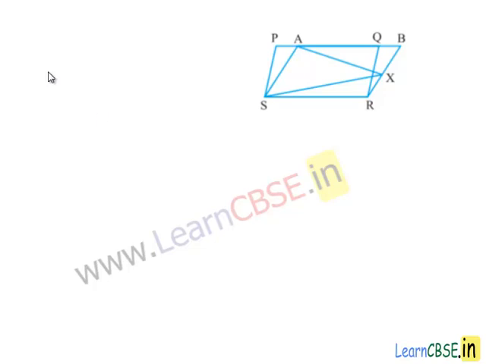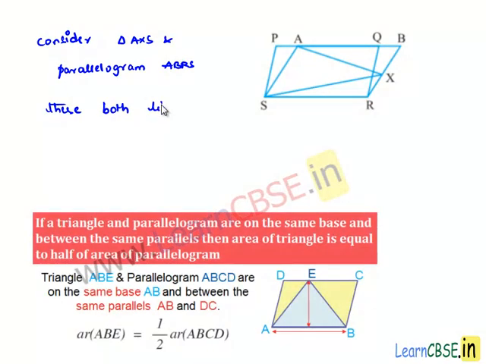Now let us consider triangle AXS and parallelogram ABRS. These both lie about the common base AS and lie between the common parallels AS and BR.